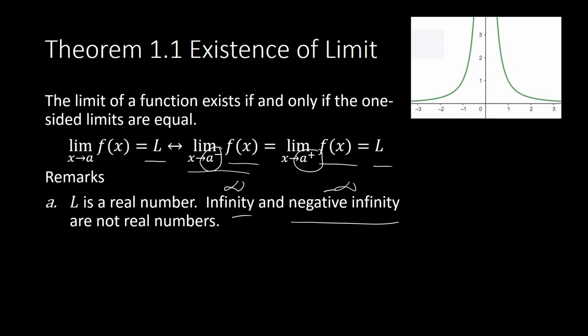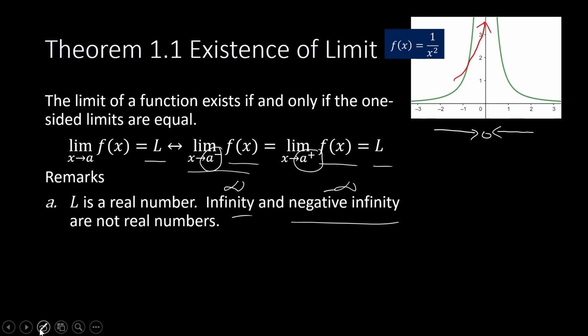For example, this is a rational function defined by 1 over x squared. As x approaches 0 from the left, your function points towards positive infinity. When x approaches 0 from the right, your function also approaches positive infinity.